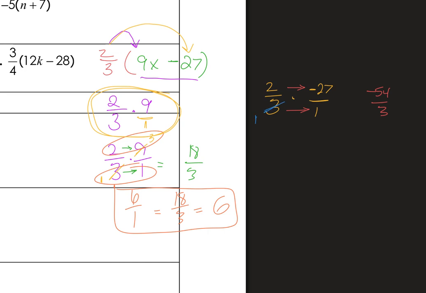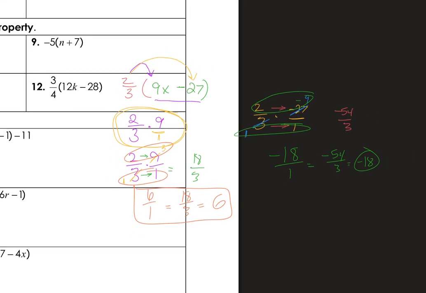You could divide that by 3 and that by 3, and you would get 2 times negative 9, which would be negative 18 over 1 times 1, which is 1. Negative 18 over 1 is also equal to negative 54 over 3. So it's just negative 18.